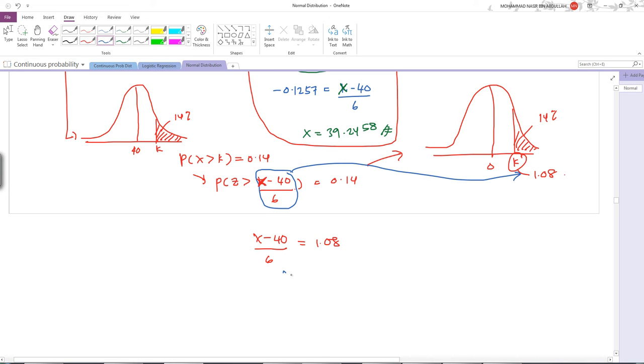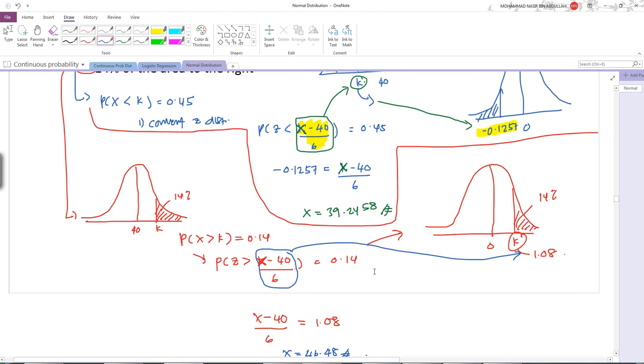So x should be 1.08 multiplied by 6 plus 40, equal to 46.48. Simple question. I just want you to understand how to do the manipulation and find the area under the curve.